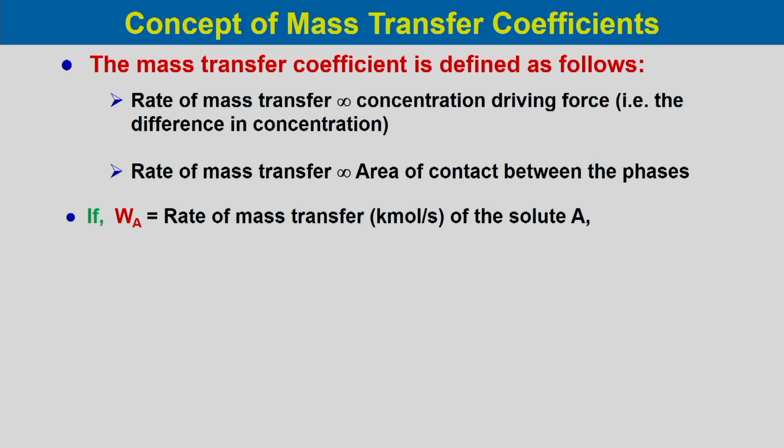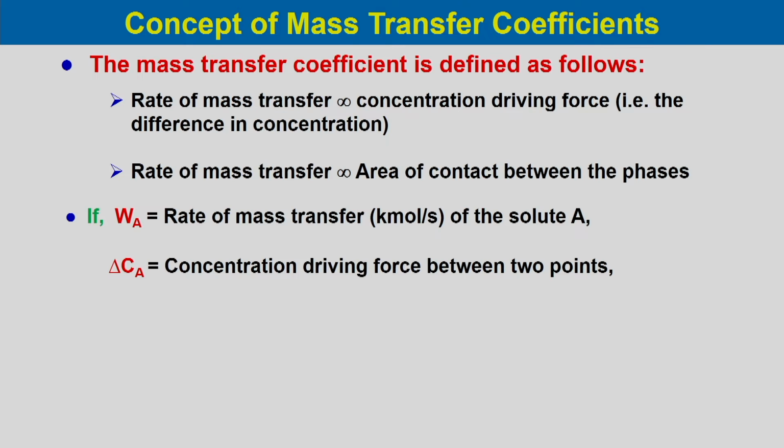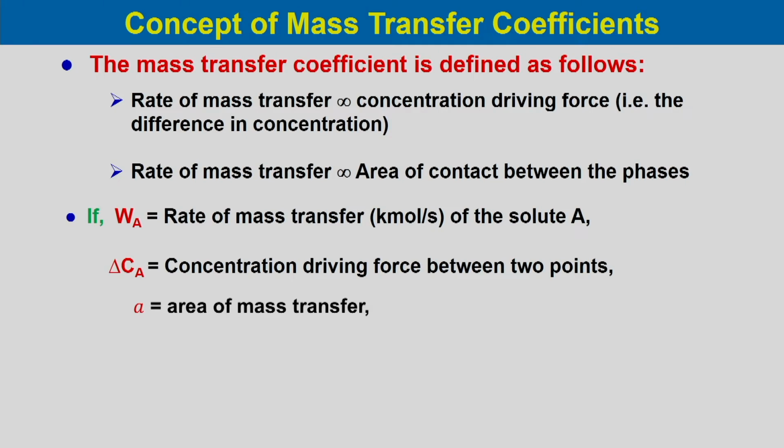So, if we consider WA is the rate of mass transfer of a particular solute A in kilomole per second, delta CA is the concentration driving force between the 2 points, that is CA1 minus CA2, and the area of mass transfer is A, then we can write WA is proportional to A into delta CA.